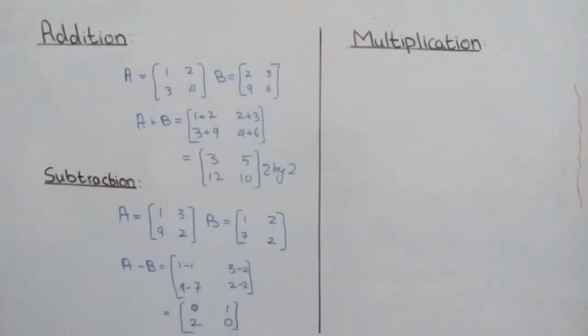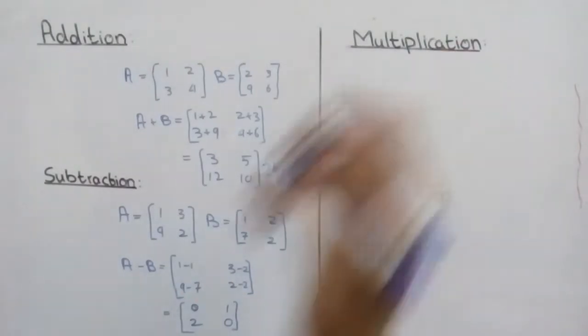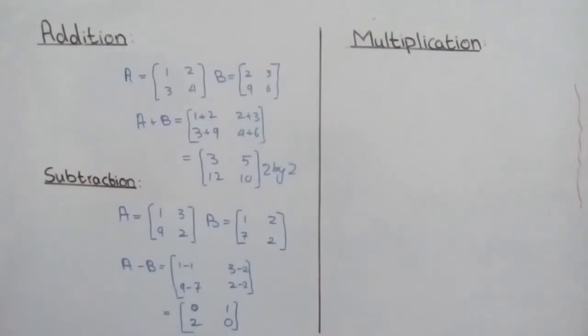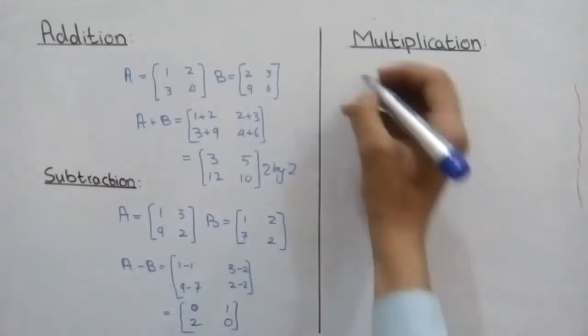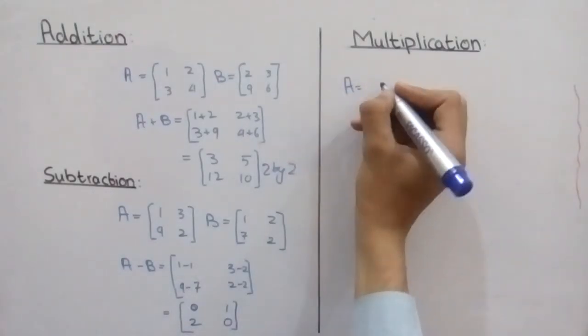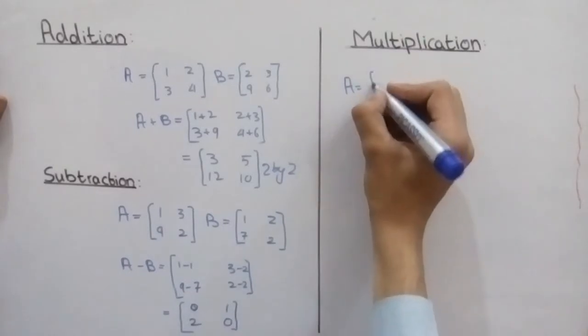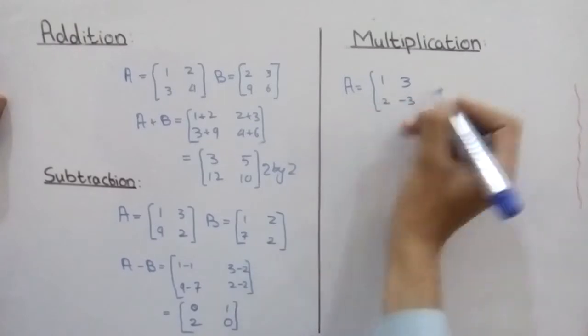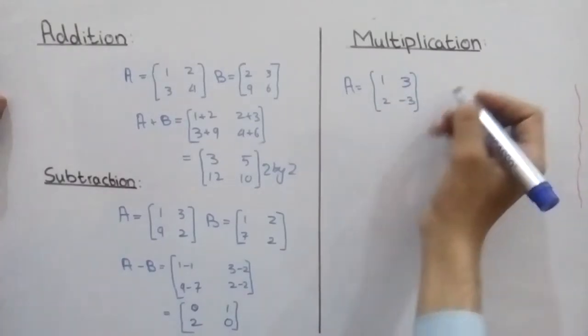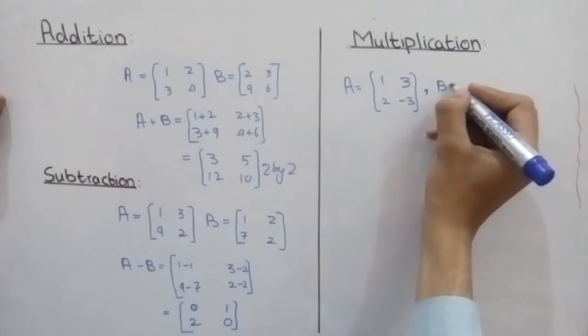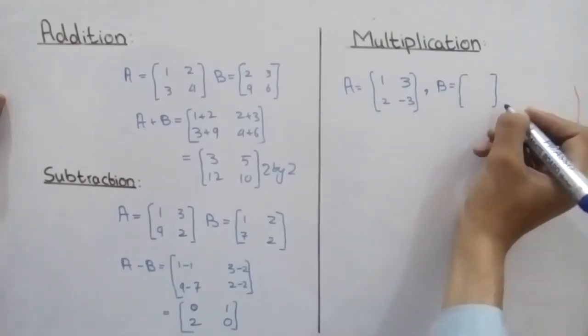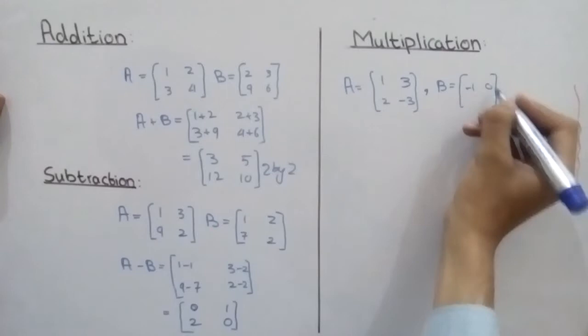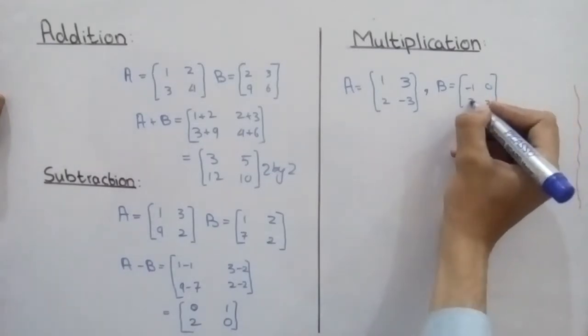Now look at multiplication of matrices. For multiplication, the rule applies that the number of columns of the first matrix is equal to the number of rows of the second matrix. Now look at an example. A is equal to 1, 3, minus 3 and 2, and B is equal to minus 1, 0, 2 and 3.